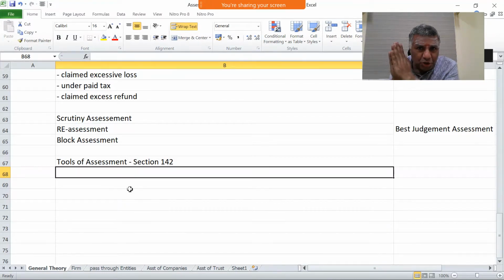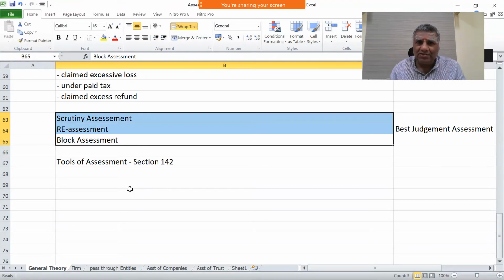Section 142 is a common section for scrutiny, reassessment, or block assessment. It speaks about tools of assessment. We are going to start our discussion from there.